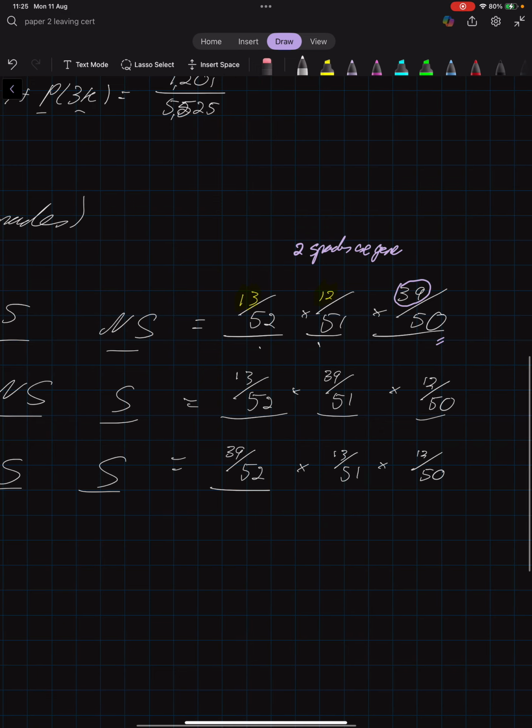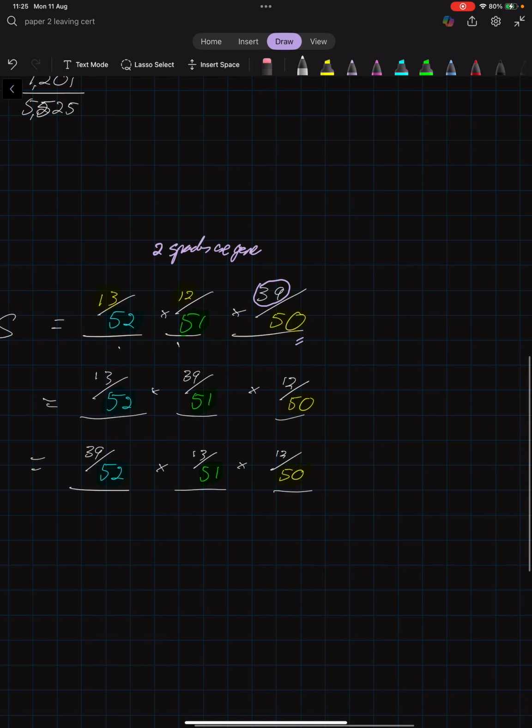So you can see these numbers are always the same, because that's how many cards you have, because all you're doing is picking cards. So of course, that's what's going to happen. Okay? So just note that the bottom number is always the same.